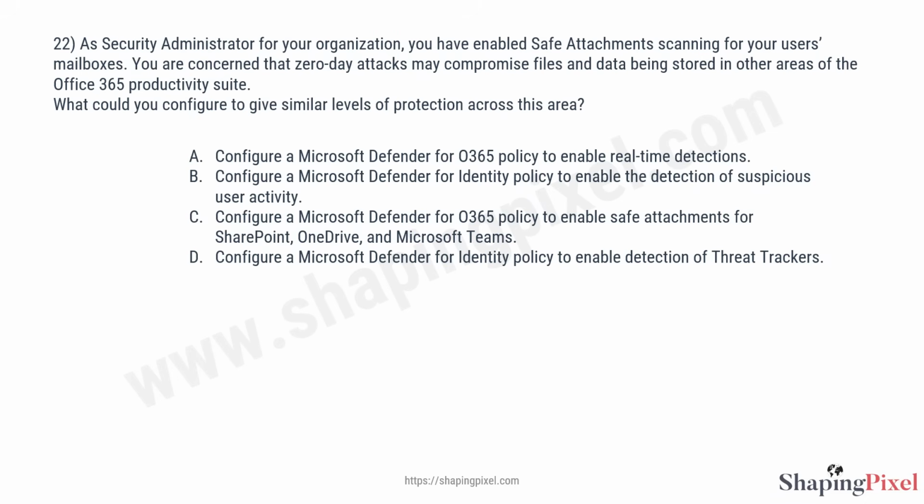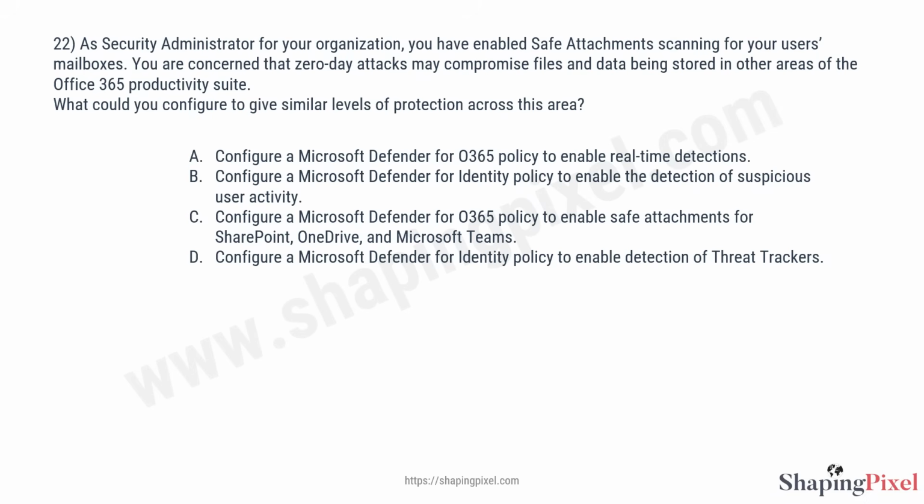Option A, configure a Microsoft Defender for Office 365 policy to enable real-time detection. Option B, configure a Microsoft Defender for Identity policy to enable the detection of suspicious user activity. Option C, configure a Microsoft Defender for Office 365 policy to enable Safe Attachments for SharePoint, OneDrive, and Microsoft Teams.